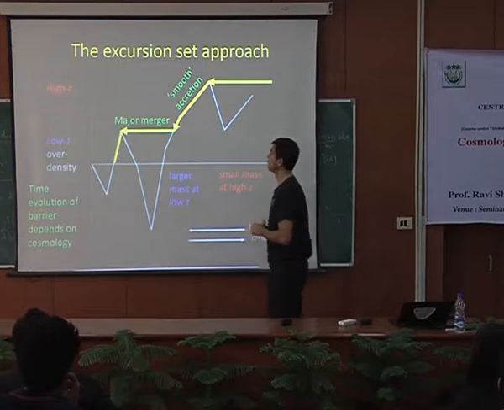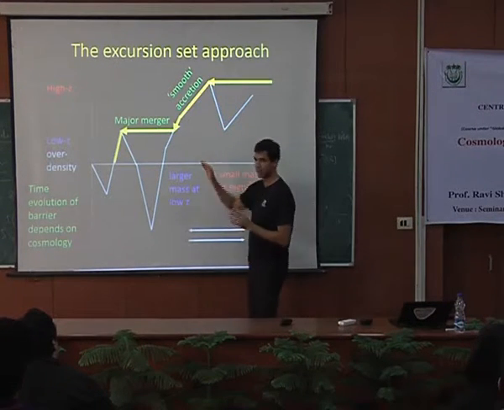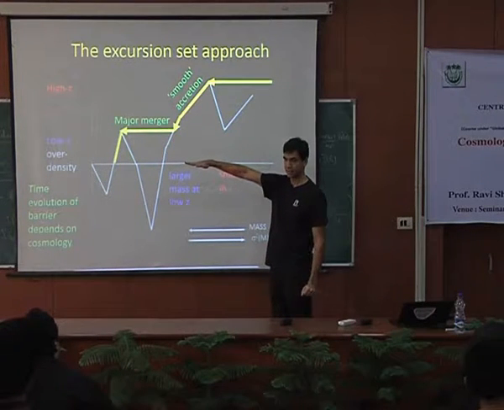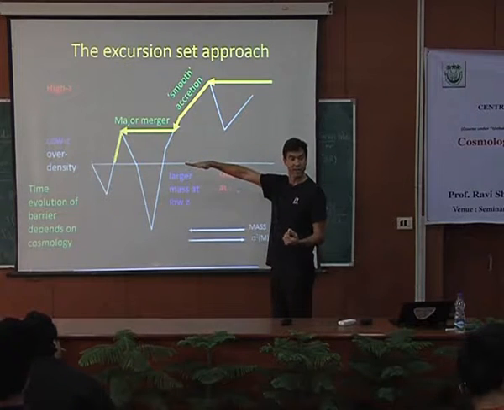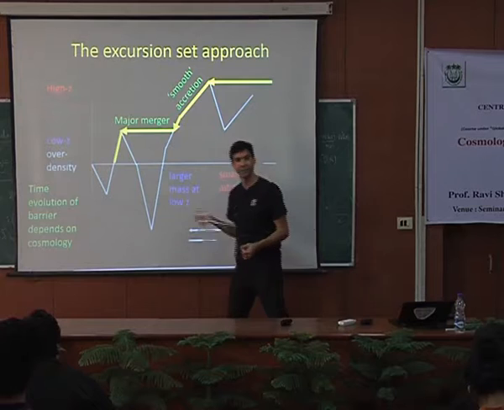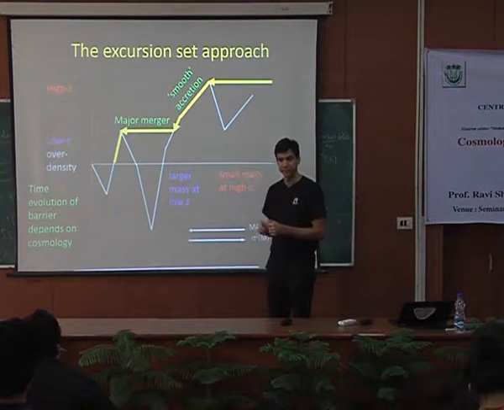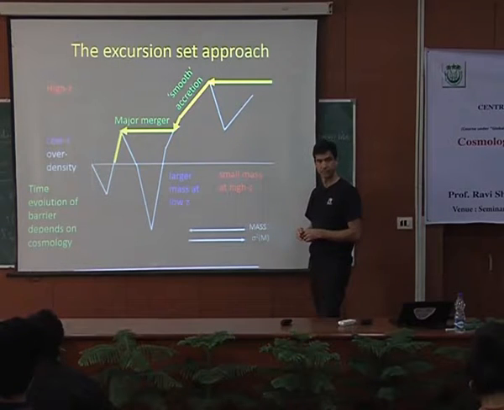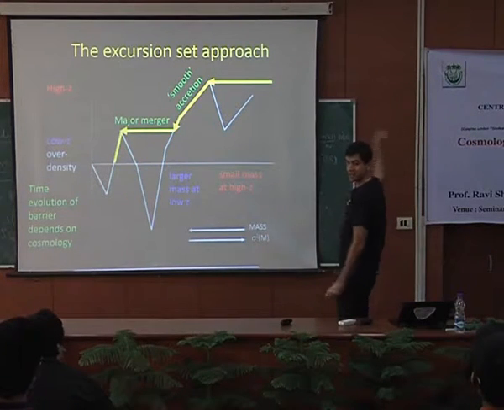Okay, so in that picture, the 1.686 is sitting here, always, and at an early time, when the growth factor is small, all my walks are 10 to the minus 5. So those 10 to the minus 5, they're not hitting anything. Or they will, but at very small masses.